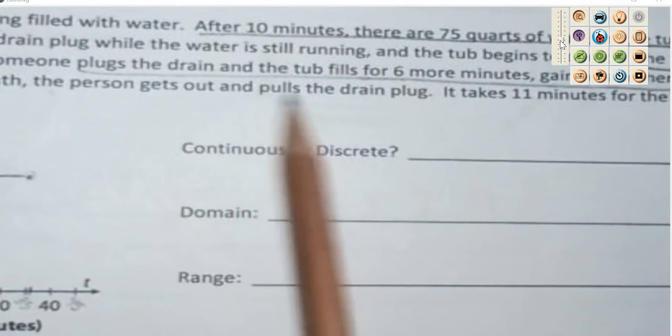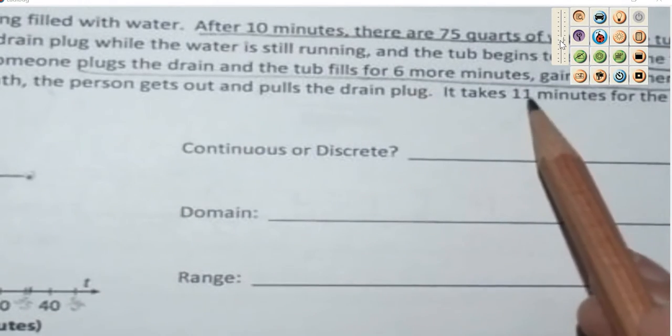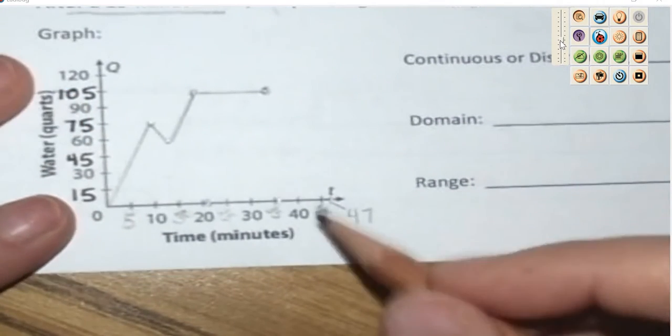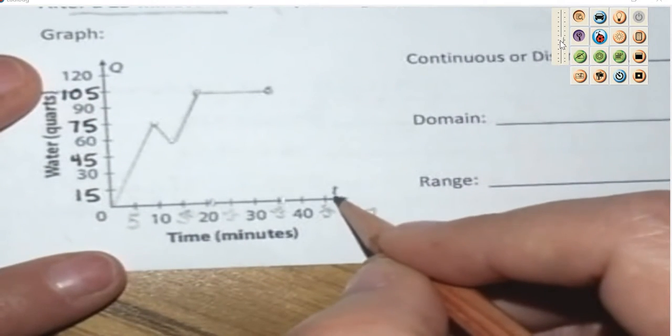Okay, then you finish the bath, you pull the plug. It takes 11 minutes for the tub to drain. So 11 minutes. We were at 36 minutes. Now 11 minutes later, where are we at? 47. So figure out where 47 is. You're going to drain the whole tub, so it's going to go down to 0.